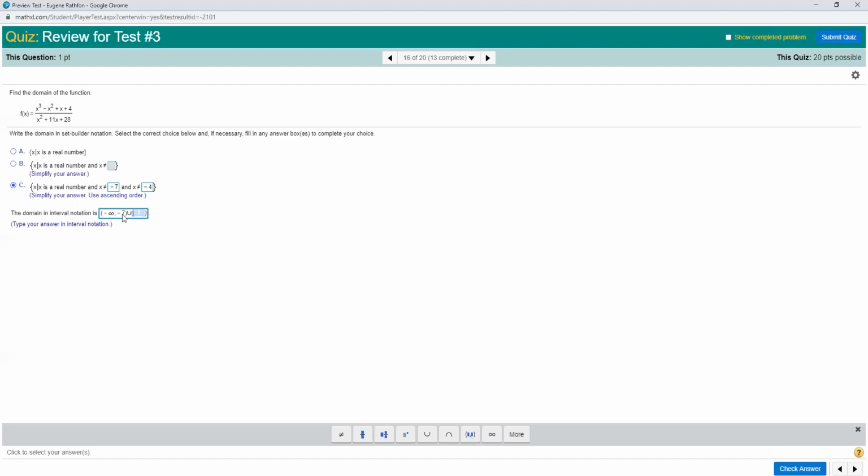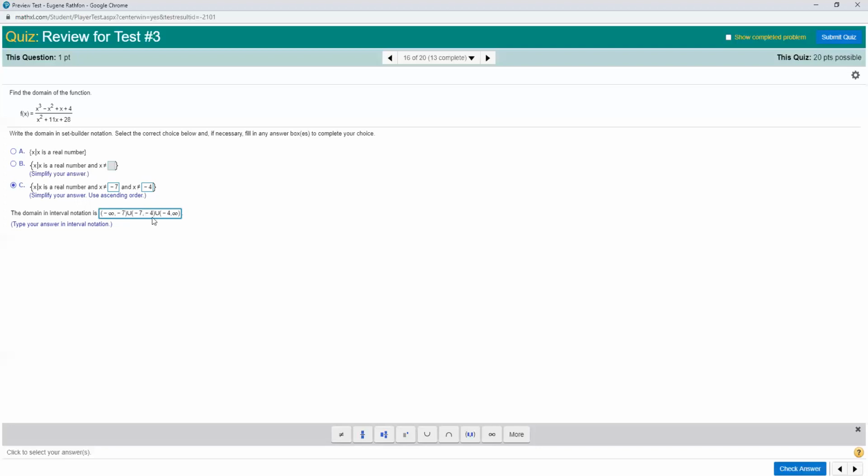You start at that negative 7, and you're going until you hit that negative 4. Then you arrow out of that, and you union that from that negative 4, and then over here to positive infinity. So everybody better start with negative infinity and end with infinity on that question.